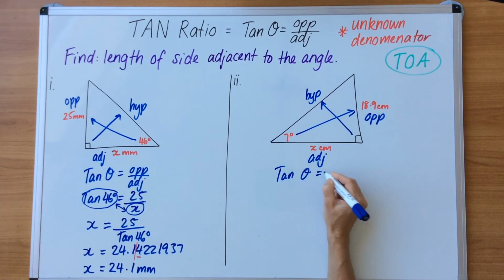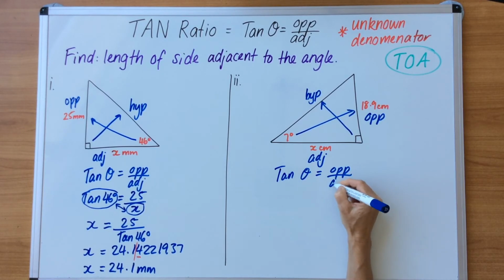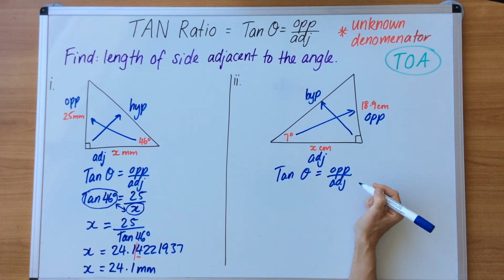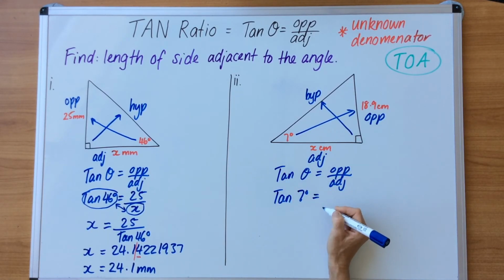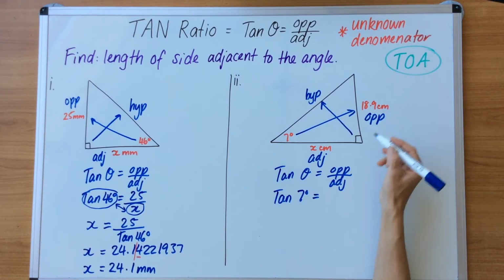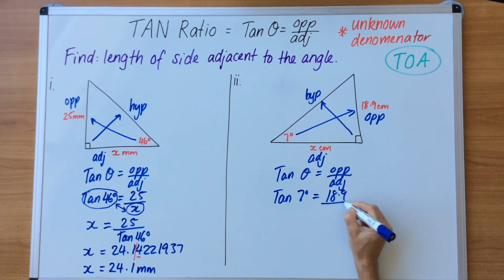Tan theta equals opposite over adjacent. Second line is our substitution, so tan 7 degrees equals the opposite, which is 18.9, over the adjacent, which is the unknown value of x.